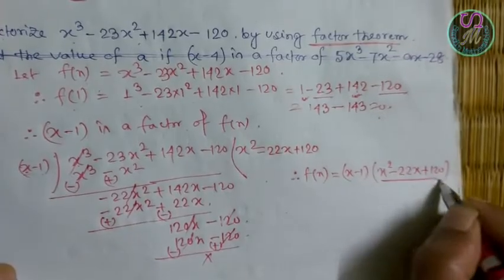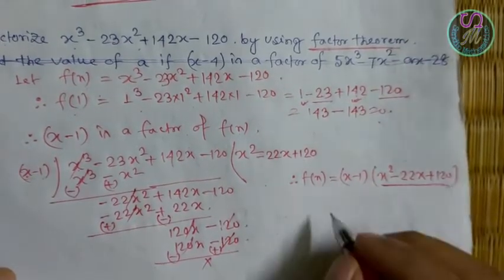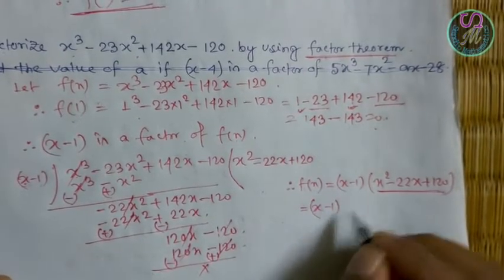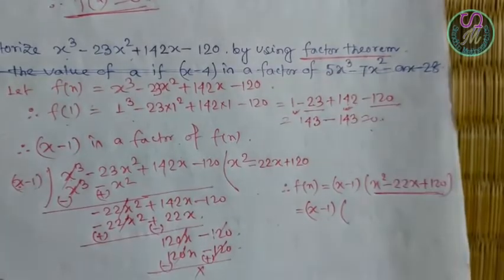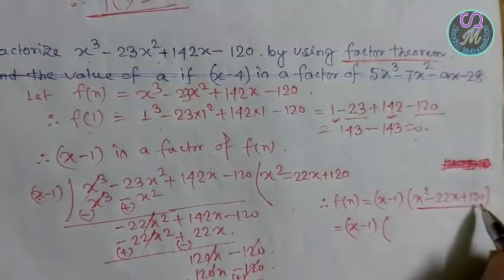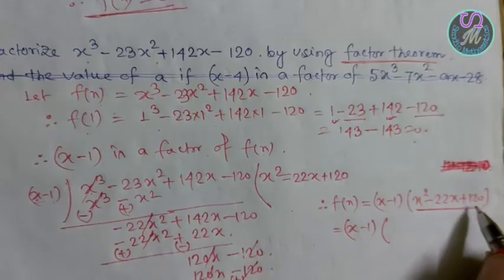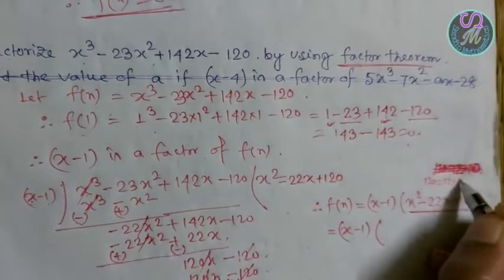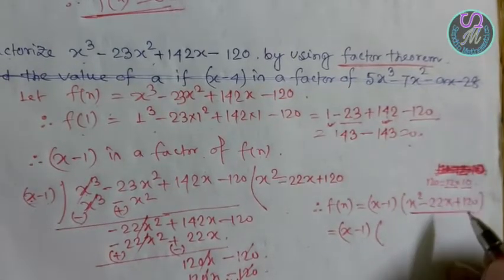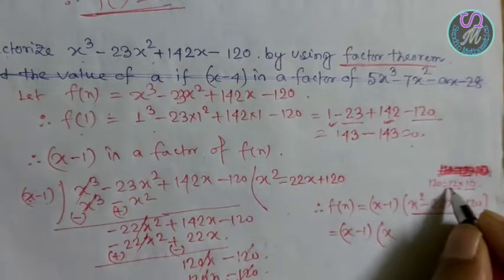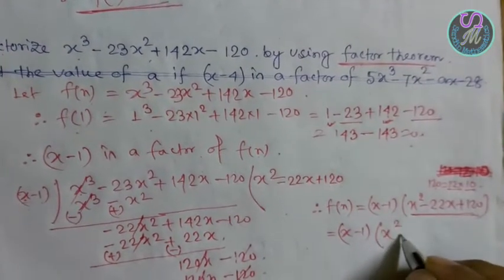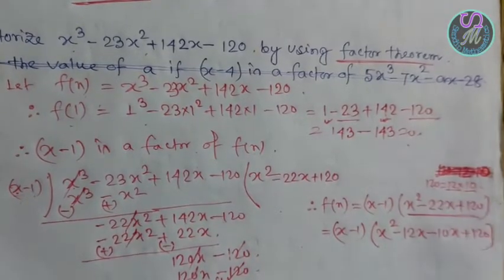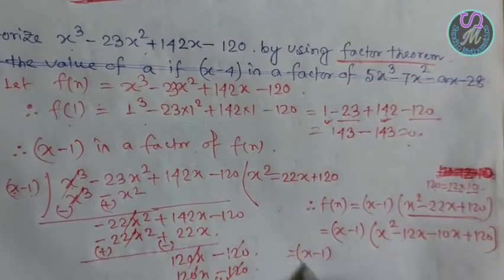Now we have to factorize this by using the middle term factor. Now 120. Find two factors of 120 such that the sum of these two factors is 22. So 120 can be represented as 12 into 10, and the sum of 12 and 10 is 22. So minus 22 means minus 12 and minus 10. So x square minus 12x minus 10x plus 120. Then we have to take common.